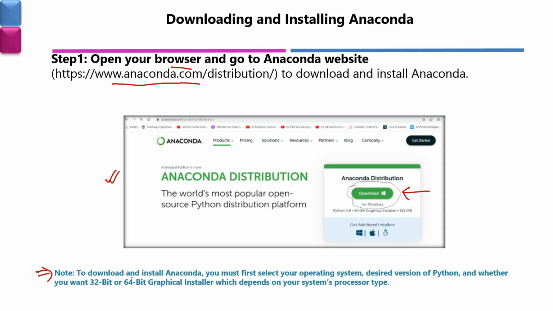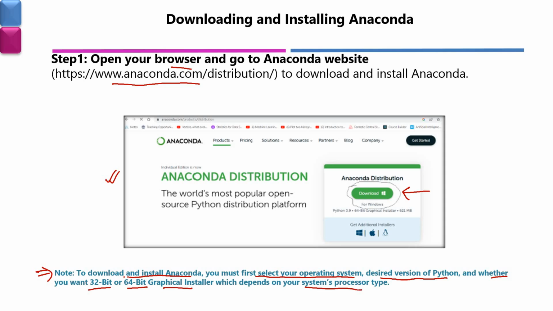To download and install Anaconda, you must first select your operating system, the desired version of Python, and whether you want a 32-bit or 64-bit graphical installer, which depends on your system's processor type.